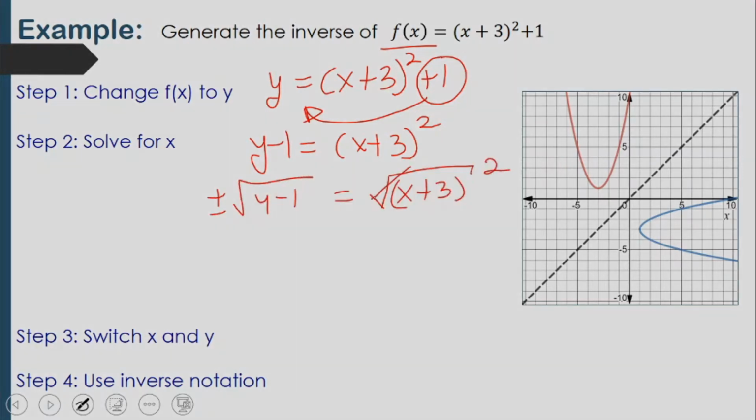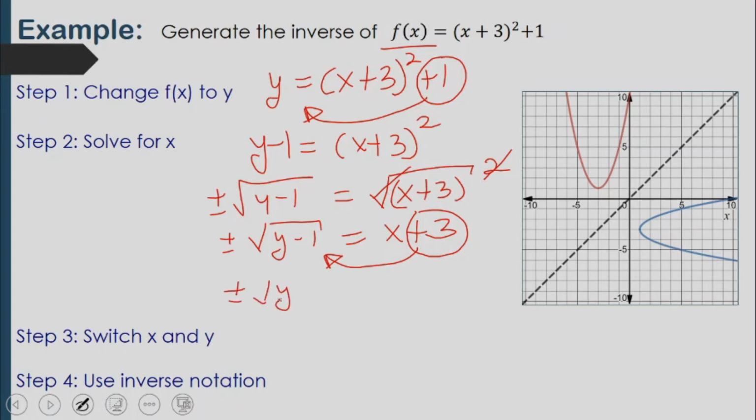So the square root takes out the square. So now we are left with that. Now I also need to move the positive 3 to the left. It will become a negative. So at the end of the day, we have plus or minus the square root of y - 1, minus 3, equals x.